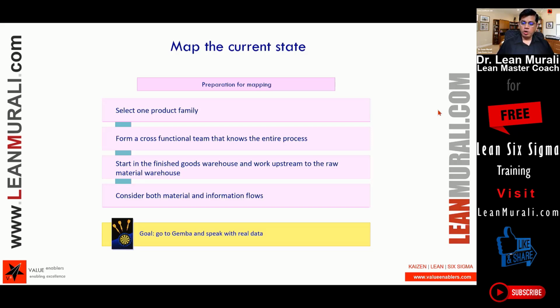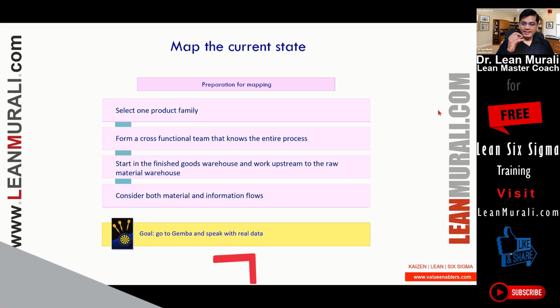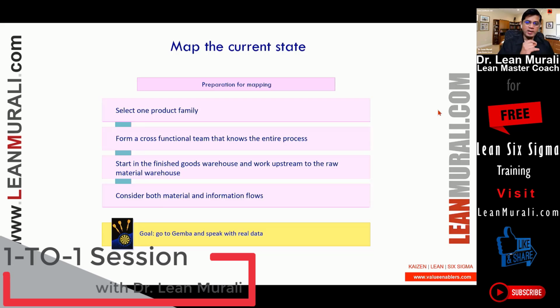Do not call TDH. What is TDH? TDH means Tom, Dick, and Harry. Yeah, you guessed it. Now, why is it important? Because we have to collect the data as we are walking upstream.